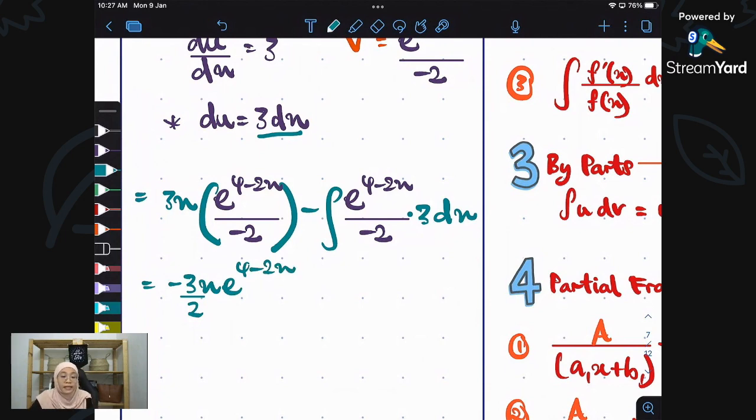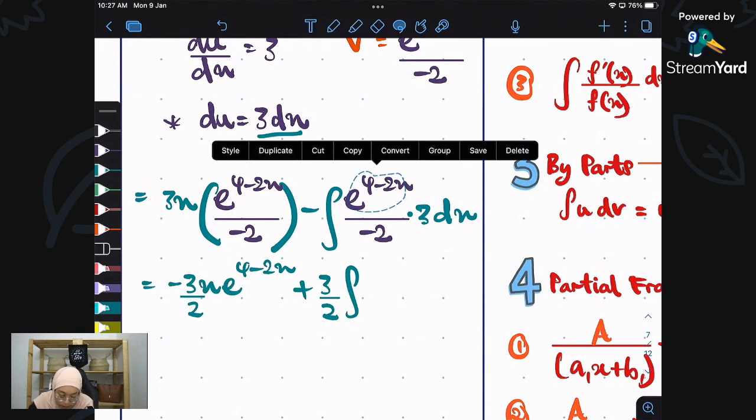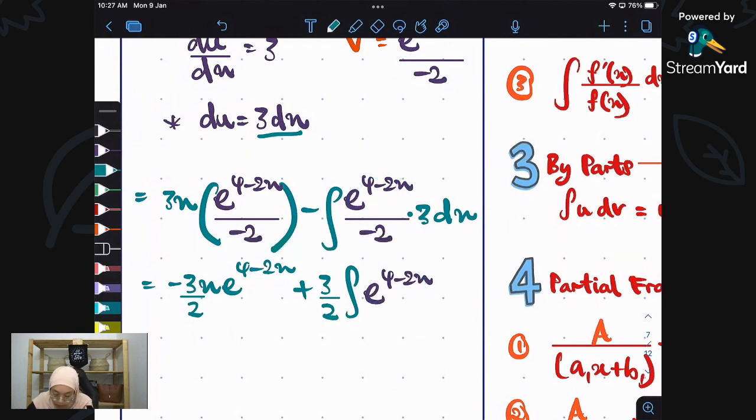The front part has already earned the marks, it is already correct. What is not finished is the back part, which I simplify, and I will get a positive instead. Positive 3 over 2 integral of e to the power of this, closed with dx.